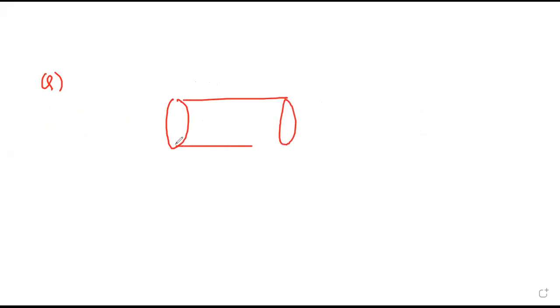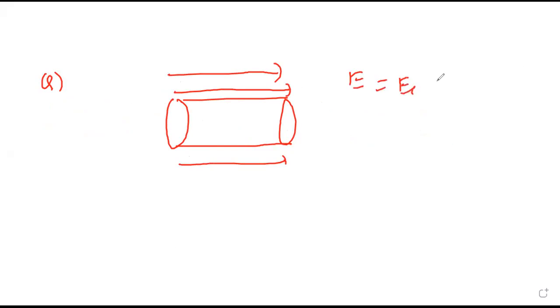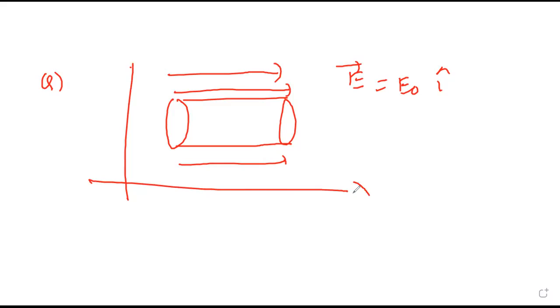This is one cylinder placed in field E naught, E equals E naught I cap, with X axis, Y axis, Z axis.